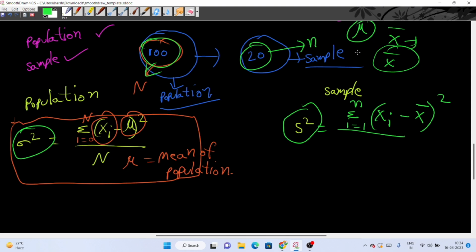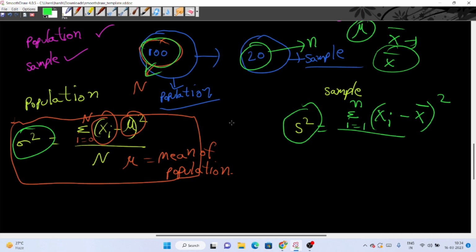See, both mu and X bar do the same work, but while representing population and sample, we denote them with different characters. That's all, no other difference between these two.